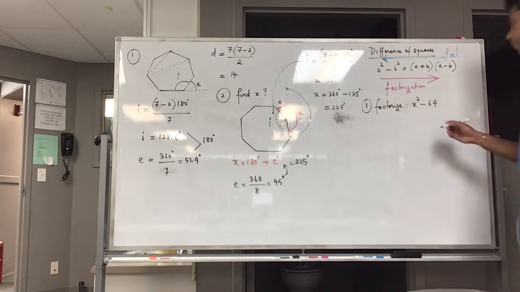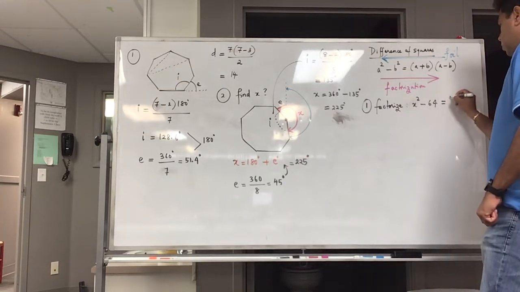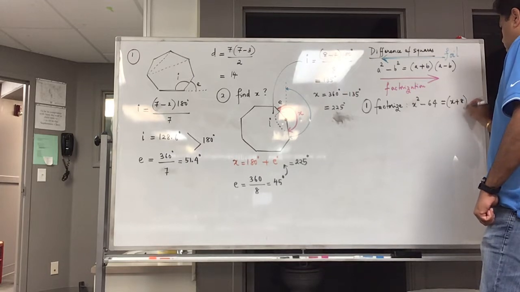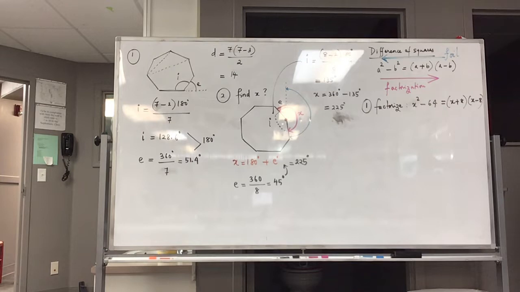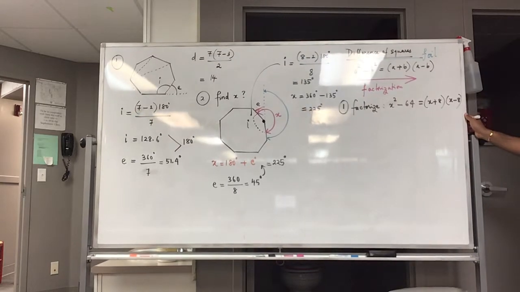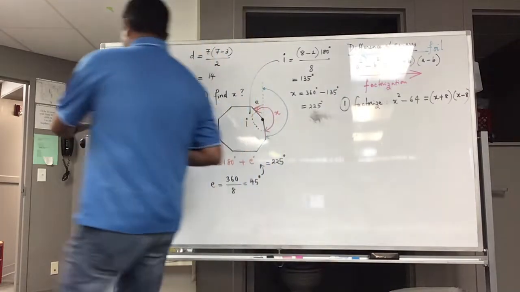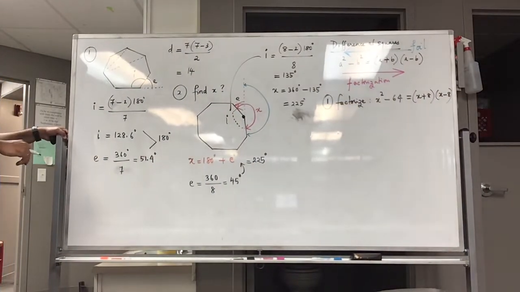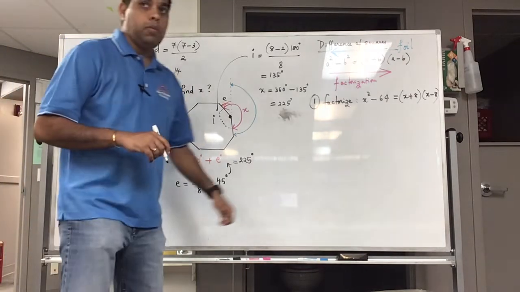Tell me the answer. x plus 8, x minus 8. Right? I'm assuming you're following this, by the way. I really do. If you're not, you should tell me that. Good?